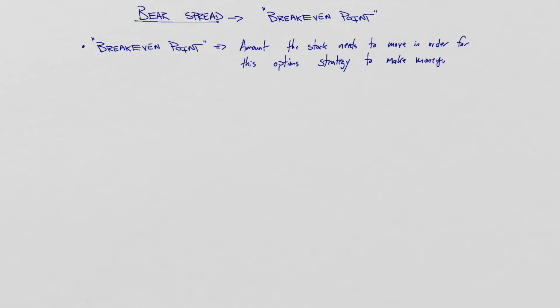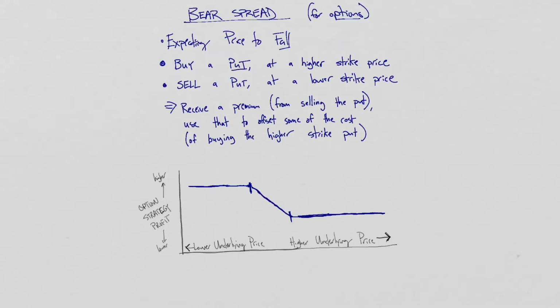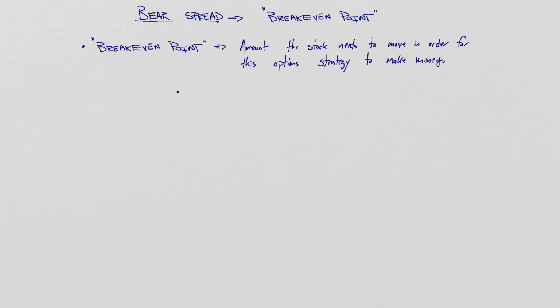If we were buying a put and just looking at that, that is, if we were just looking at this part, buying a put at this higher strike price, then let's call that strike price X, and then let's denote that it's the higher strike price one by doing this sub H here.